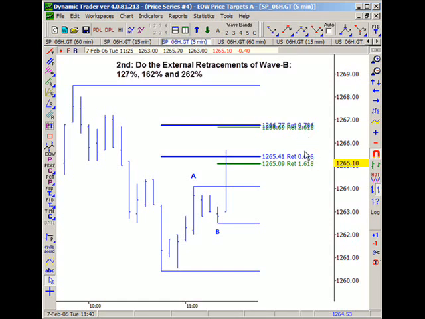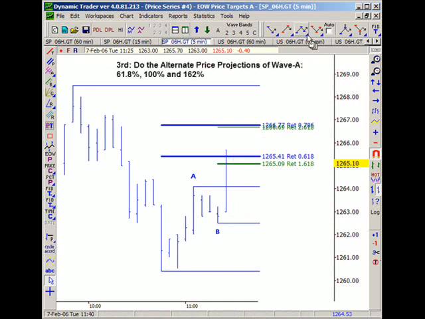So far in advance, the highest probability zone to complete this wave C is right about where the market is now, around 265, 265.50, which is the 162% external retracement of B, and the 62% internal retracement.